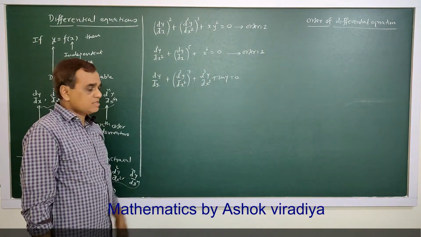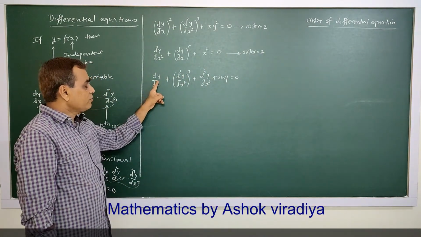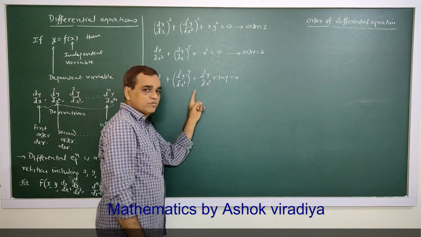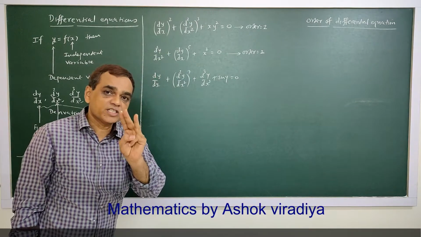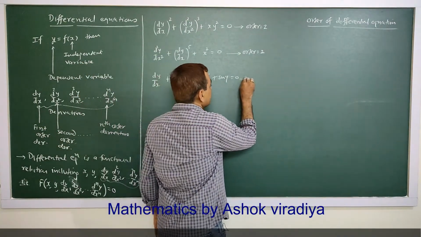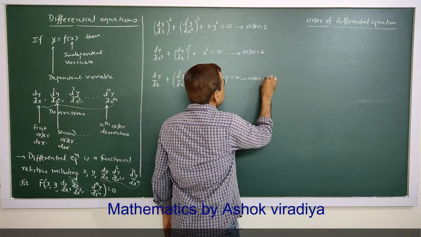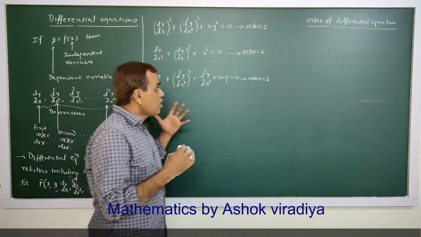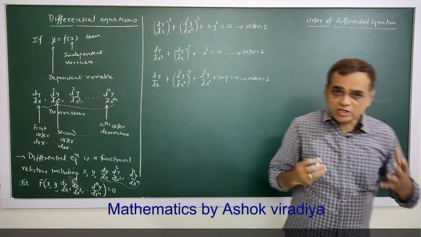Say here, first order derivative, second order derivative, and this is the third order derivative. So the highest order is 3. So the order is 3. So that is the order of a differential equation.